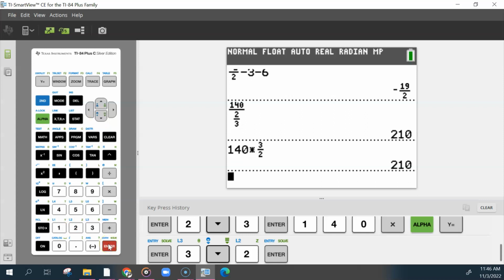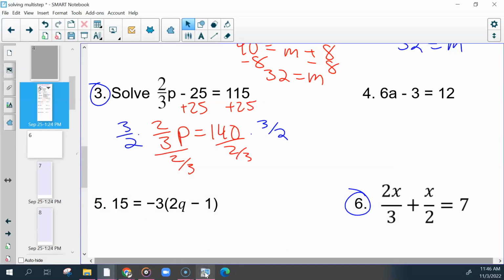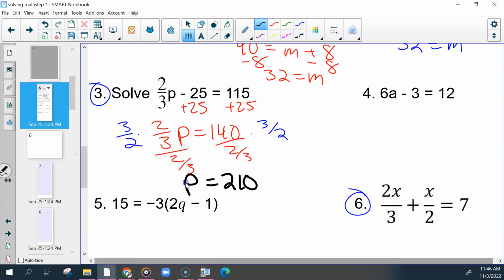So instead of dividing the fraction, flip it and multiply by the reciprocal is what this process is called. Questions on that one?